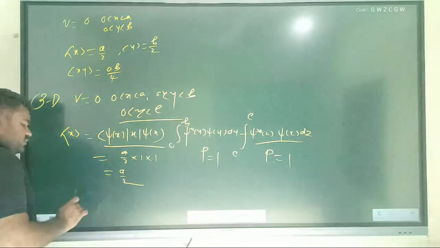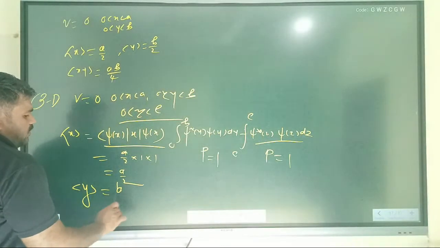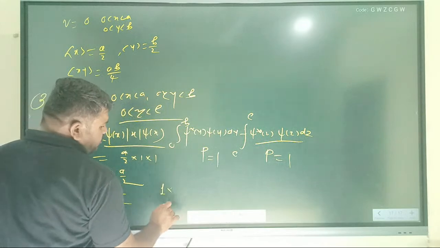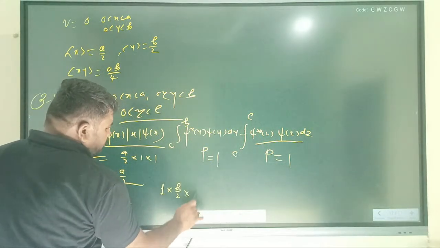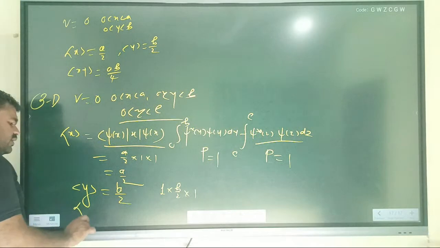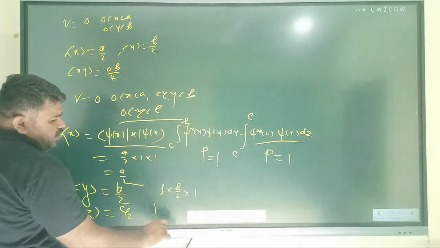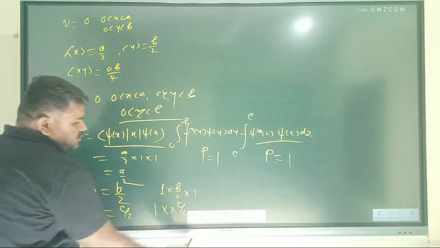Clear? Next, expectation of y is the same: b by 2, with probability 1 into b by 2 into 1. In the z direction, it is c by 2, 1 into c by 2.